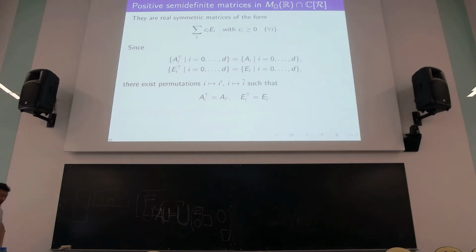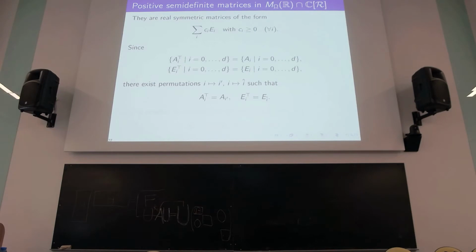The transposition gives a permutation of adjacency matrices, and it also gives a permutation of primitive idempotents. The primitive idempotents are Hermitian, so taking the star results in a trivial permutation, but the transpose could give a non-trivial permutation.